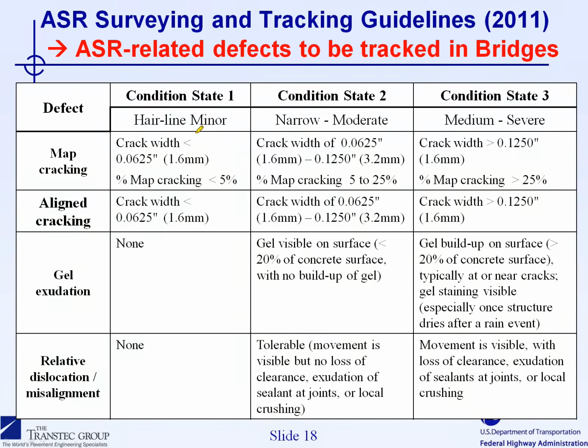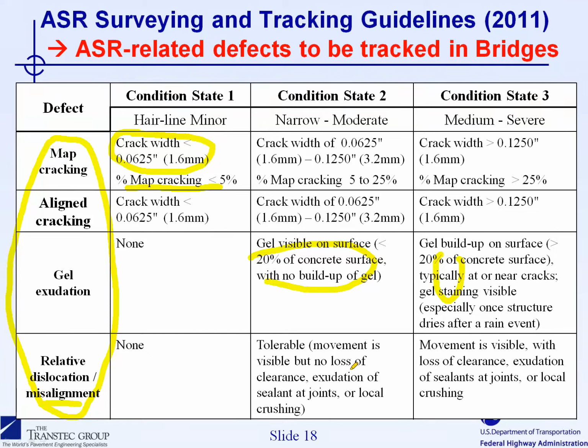And another table here is more precise compared to the previous one, where basically for each of the different features of deterioration, specific information is given to the inspector to classify the condition in state 1, state 2, or state 3 according to the crack width present in the element, the area affected in the element, and also in terms of gel exudation, what is the area affected by the gel exudation, and for the relative movement, because ASR is not happening at the same extent and same rate in the different elements of the bridge.